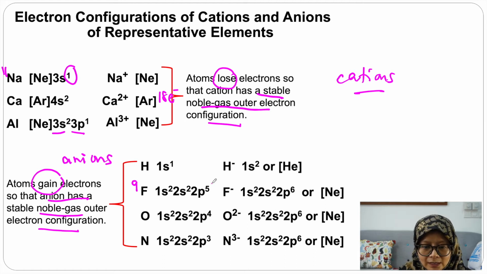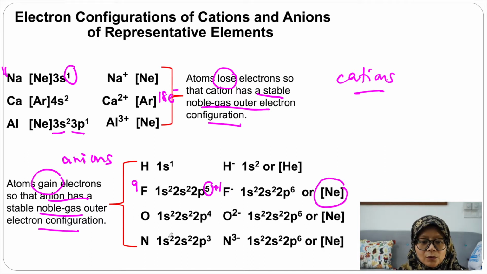Why? Because this is 2p5. In order to form a noble gas electron configuration, it needs to receive 1 electron, and then it will become 1s2, 2s2, 2p6, known as neon.